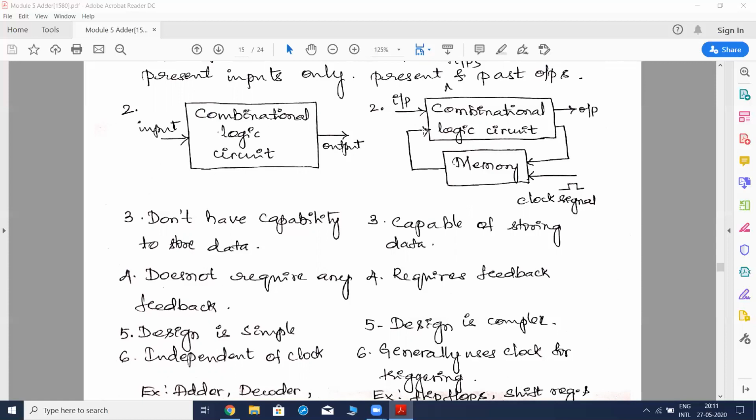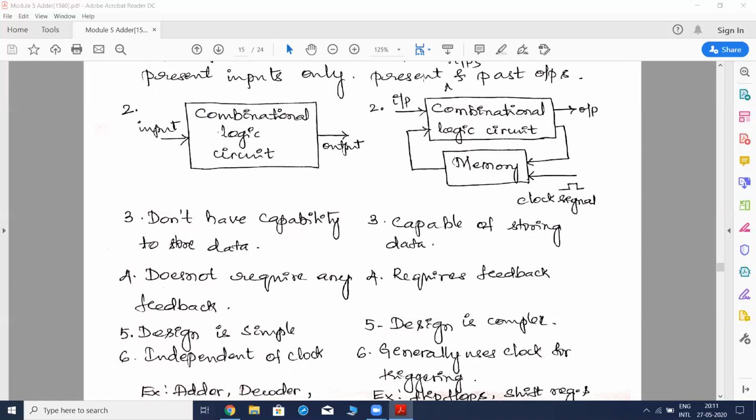So we take part of the output and pass it through the memory element, to which the clock signal is also given. Whenever the clock signal is present, our memory is going to function. The output of that is given back to the input.